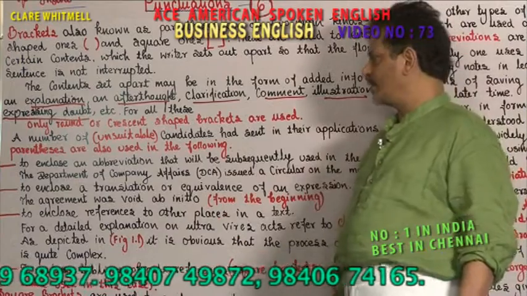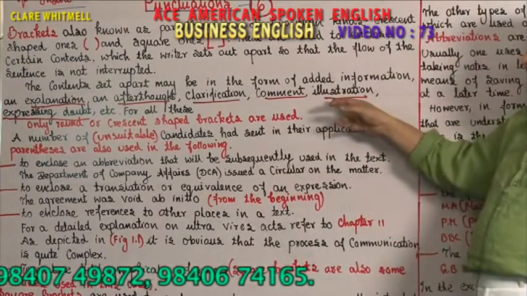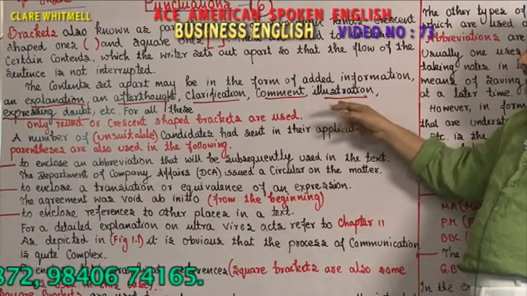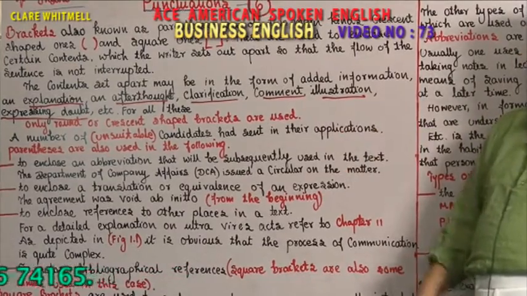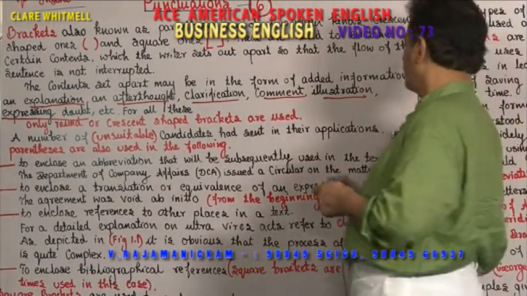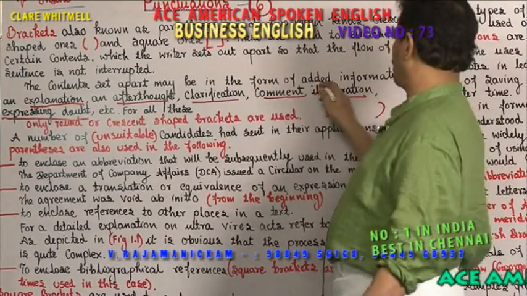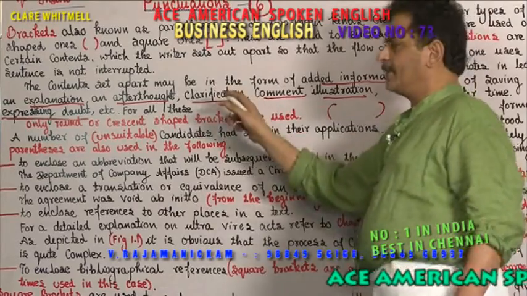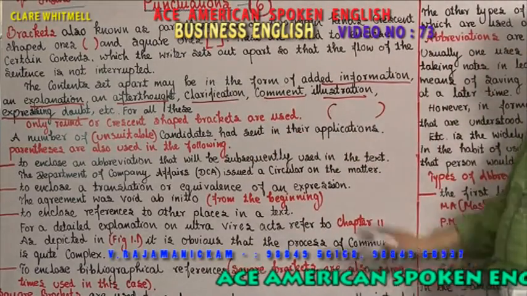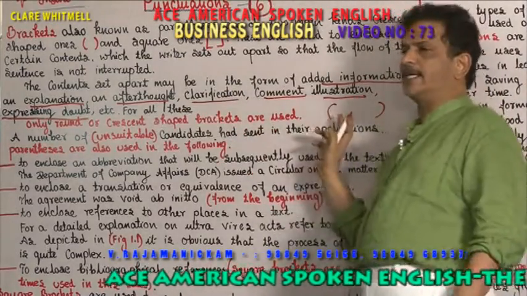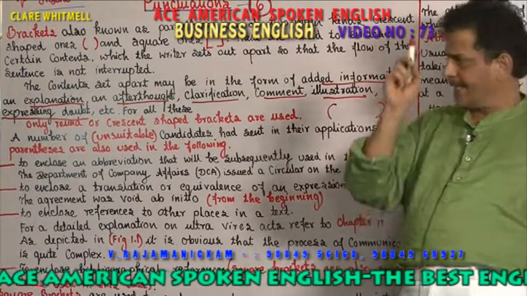For what? Afterthought, clarification, comment, illustration. For that, crescent shaped brackets are used. They are used for added information, explanation, afterthought, clarification, comment, illustration, expressing doubt.